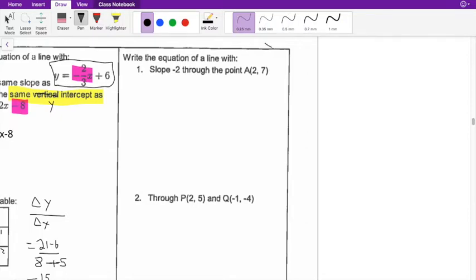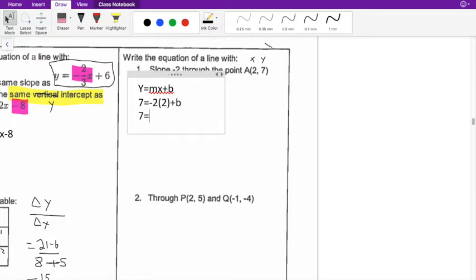So this question here is saying you have a slope of -2 and a point. So this is our x, this is our y. Our y point is 7. So we'll write this down: y equals mx plus b, so 7 equals -2 times 2 plus b.